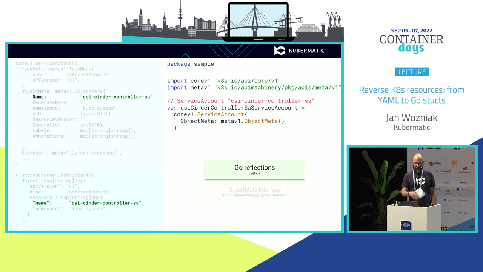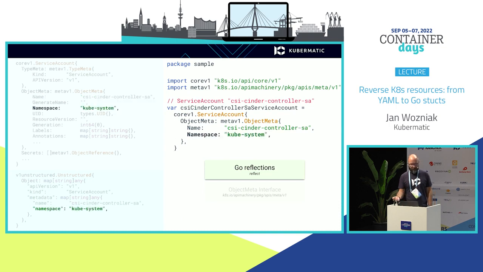So far, we have hit only the objects that exist in both the top runtime object as well as the bottom unstructured. So name, we can write that down, but we actually skipped generated name. It exists in the top one, but it doesn't exist in the bottom one, so we can safely skip that. Namespace exists in both.